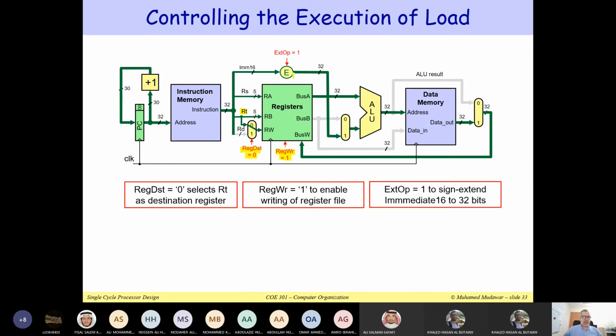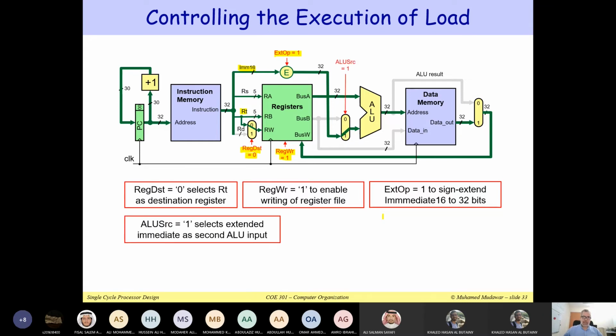The extender op will be equal to 1. This is sign extension. We have to extend the 16-bit immediate because it is of the immediate type. The immediate displacement can be positive or negative, so this is why it's sign extension, not 0 extension. For the multiplexer here, the ALU source will be equal to 1 because we have to select the immediate. The extended immediate becomes my second ALU input.